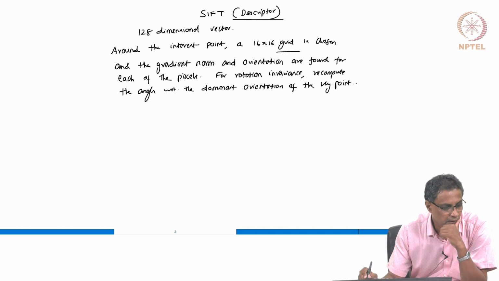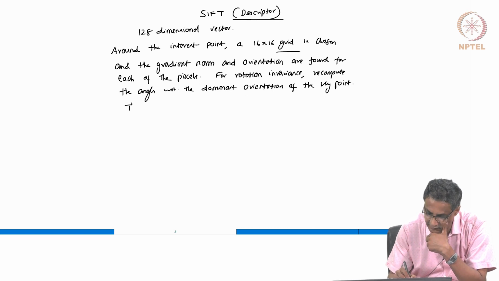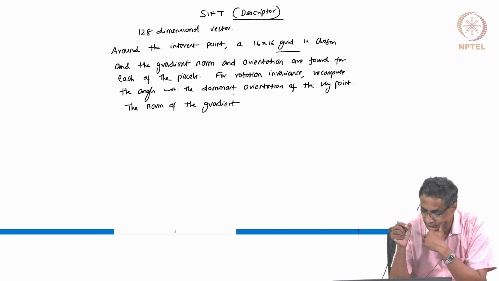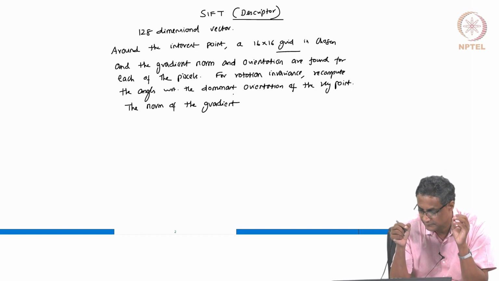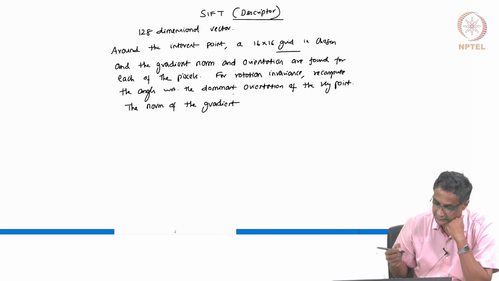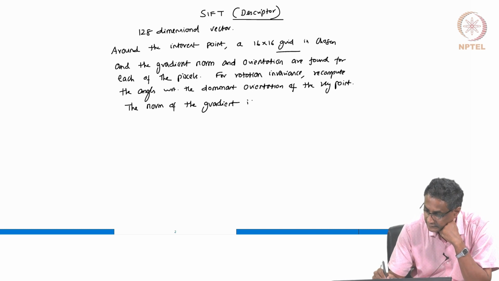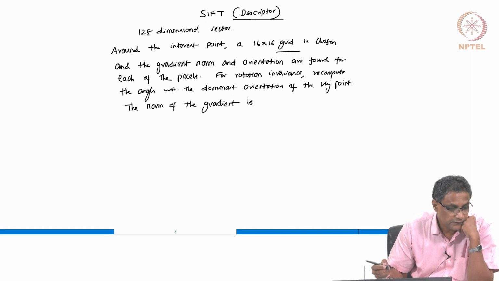Then you do some kind of Gaussian weighting. The norm of the gradient is actually Gaussian weighted now. What this means is that depending upon how far away you are from the key point, you reduce the weight, the value of the norm, the strength of the norm of the gradient.